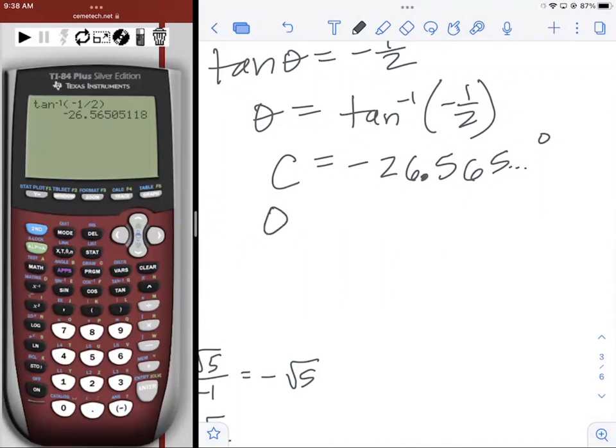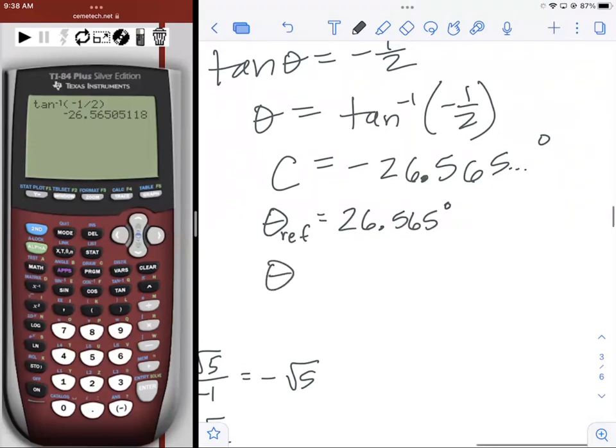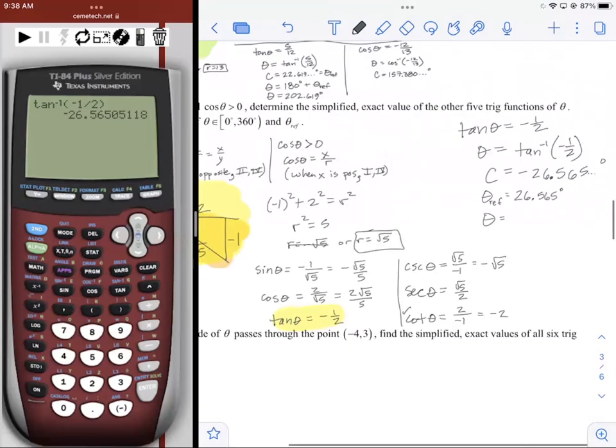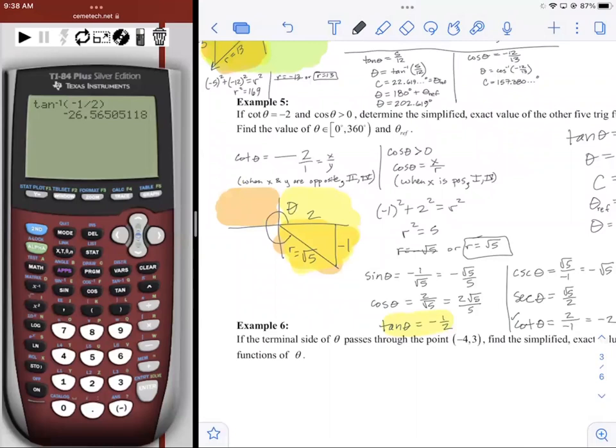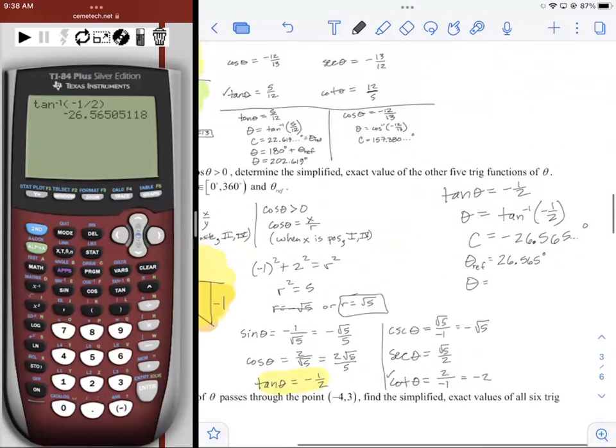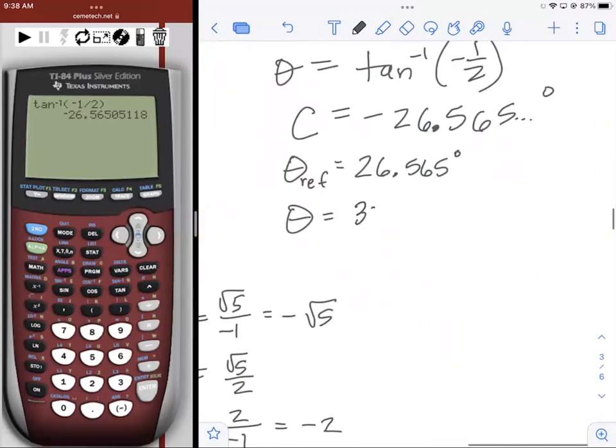So now I'm going to say the reference angle is positive 26.565. And now theta, of course, you can look at your diagram. We have to stop the reference angle short of a full rotation. So by your picture, it's 360 degrees minus the reference angle. Or you can say, hey, negative 26.565 is coterminal with the one I want.